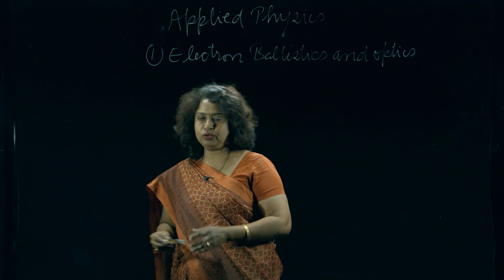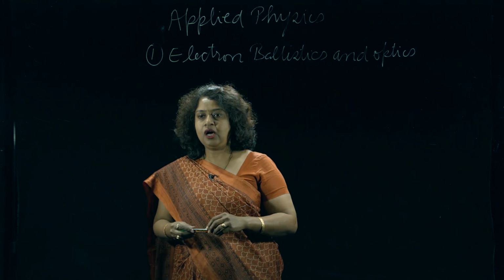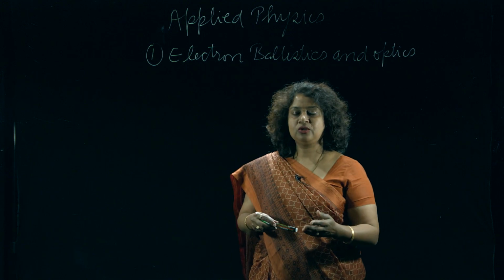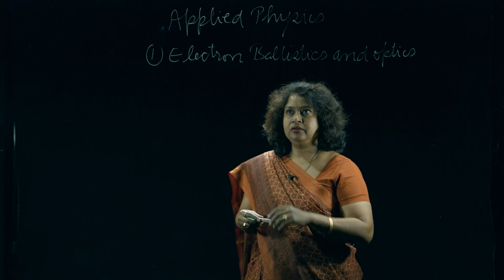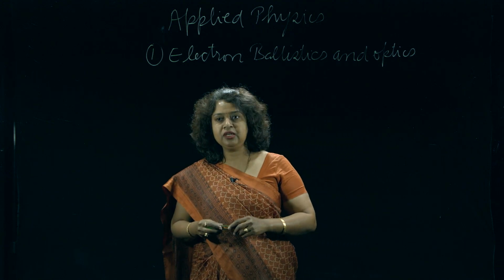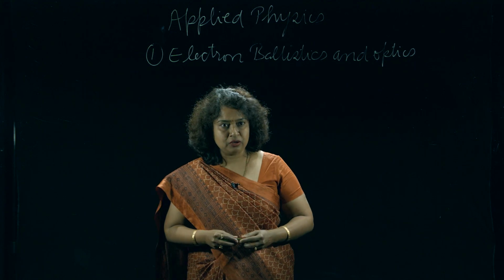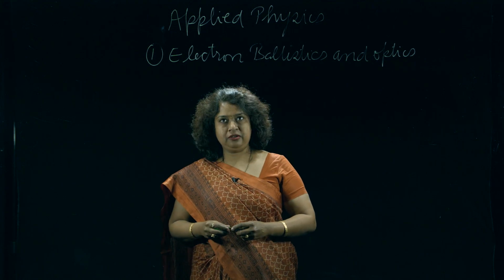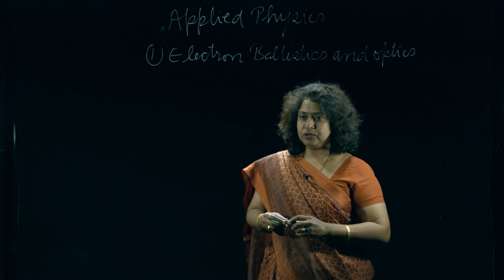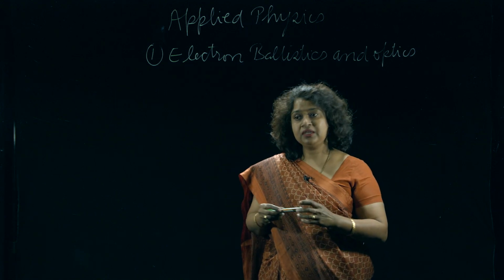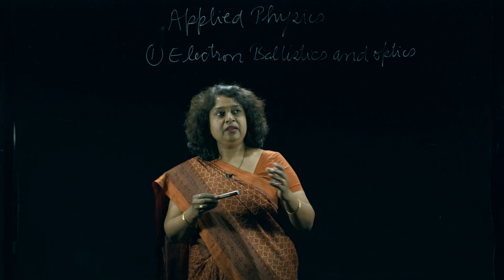What you have learned in your 12th standard is about how a projectile moves under the influence of the gravity. Herein what we will be doing is, we will be learning about the behavior of the electron in electric and magnetic field. So in this particular unit, we will try to understand what an electric field is and magnetic field.